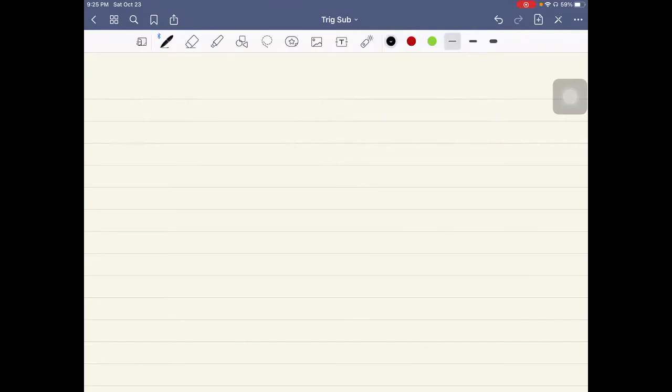Let's say I want to integrate dx over square root of 1 minus x squared. We're going to start by drawing a right triangle. And then let's think about how to assign lengths to each side. Because by Pythagorean theorem, we know a squared plus b squared is equal to c squared.